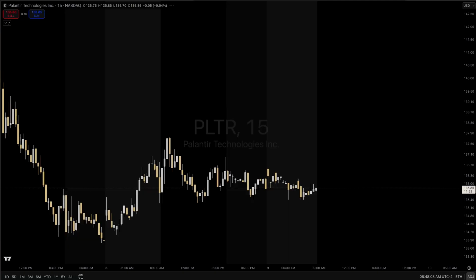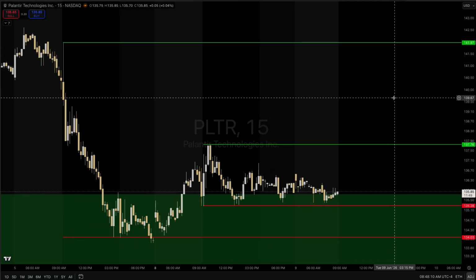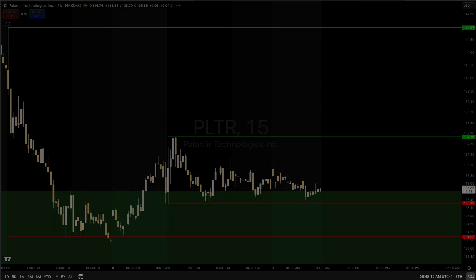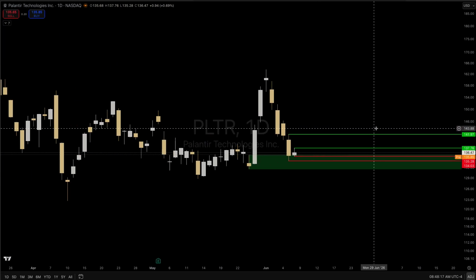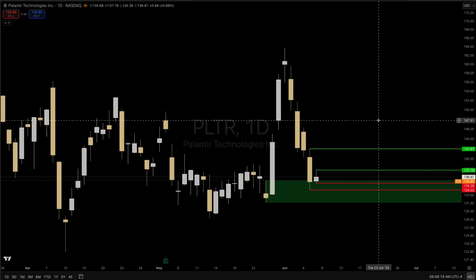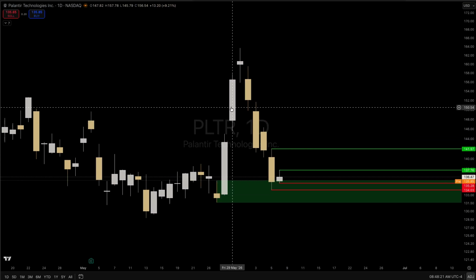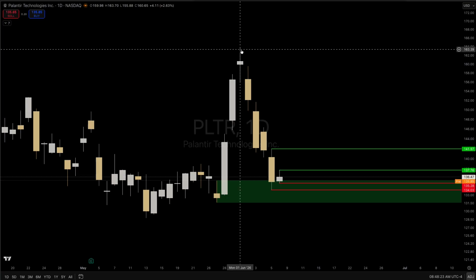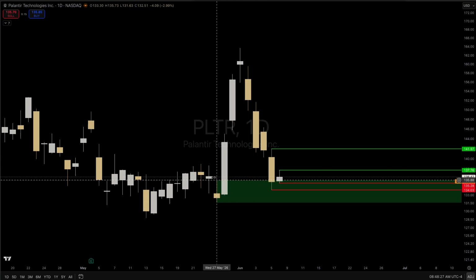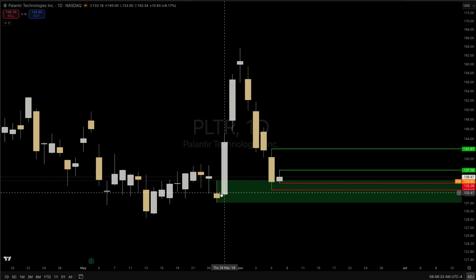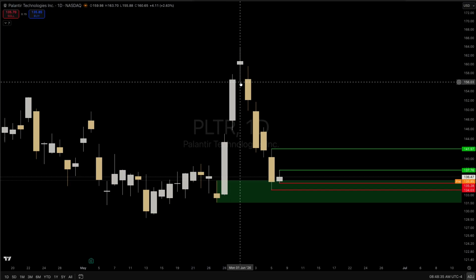Okay, let's go to Palantir. On Palantir we can see we had such a nice move towards the upside. This was because some institutional fund managers purchased Palantir at this point, and we can see strong buying pressure here.